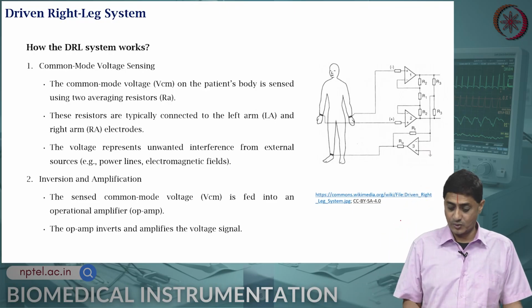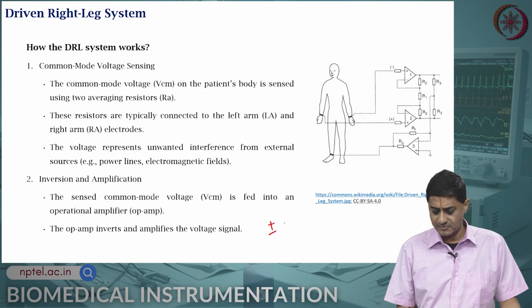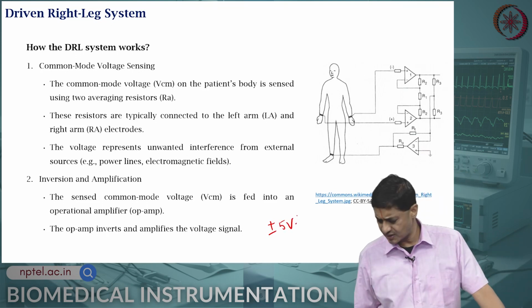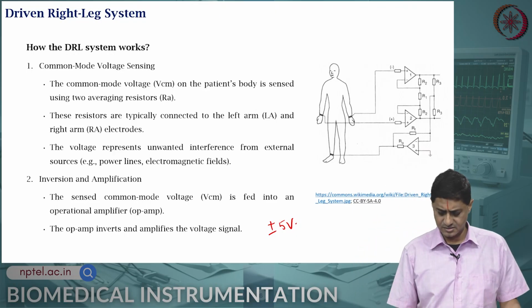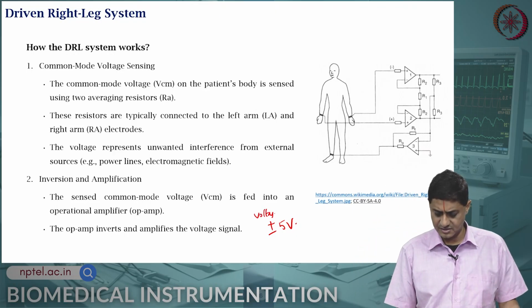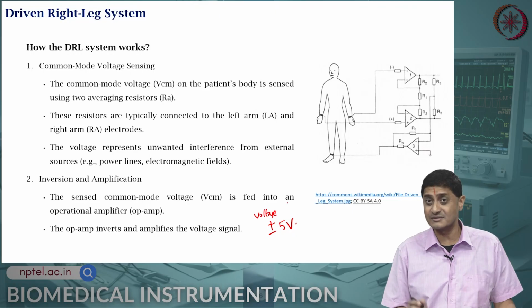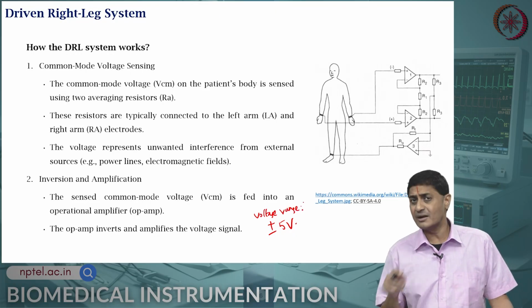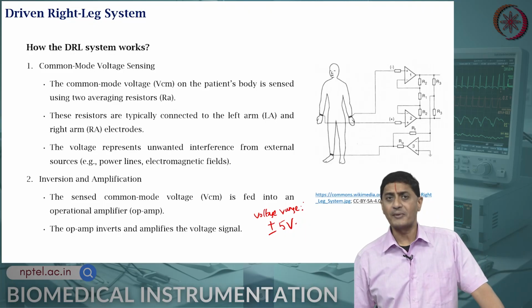Note that the input voltage range will be plus to minus 5 volts. In the previous slide I mentioned the acceptable current range; this is the voltage range for the inverting op amp.